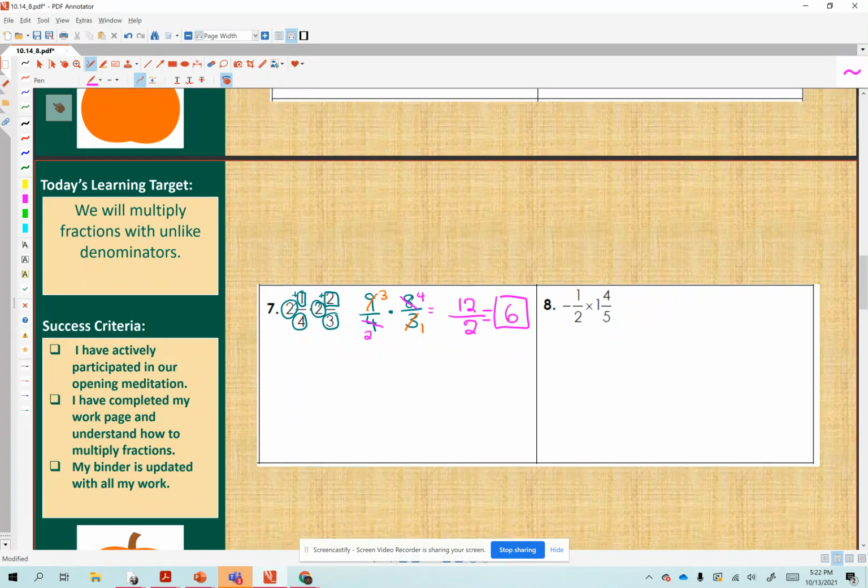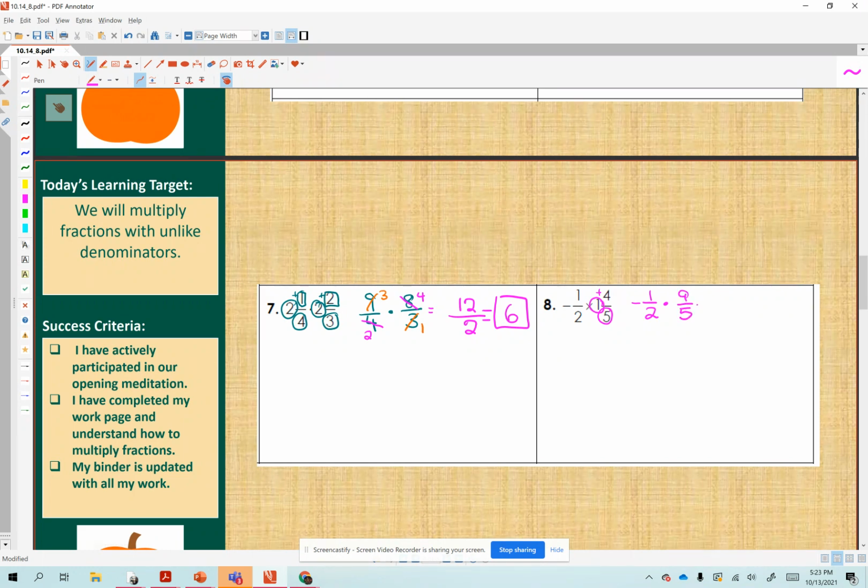And now on to number 8, negative 1/2 times 1 and 4/5. So we'll start with the negative 1/2. Now we have to convert the 1 and 4/5 to an improper fraction. So we'll multiply 5 times 1 is 5, and then we'll add the numerator to make 5 plus 4 is 9, so 9/5.